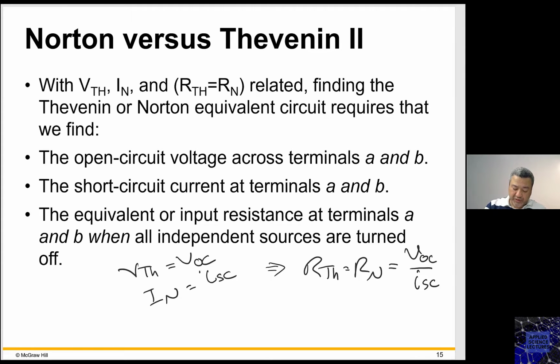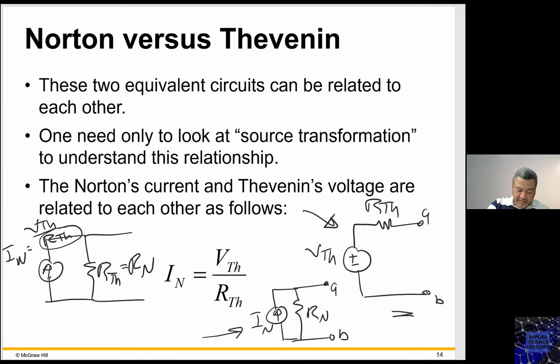And this is the second approach that I told you about. So instead of hooking up a voltage source or a current source at the output to calculate the withdrawn current, the same way we did, we could have done the short circuit approach and then found the R Thevenin by taking the ratio of the V open circuit to the I short circuit. Because we've seen earlier that the relationship between the I Norton and R Thevenin is indeed, this is the I short circuit, and this is the V open circuit.